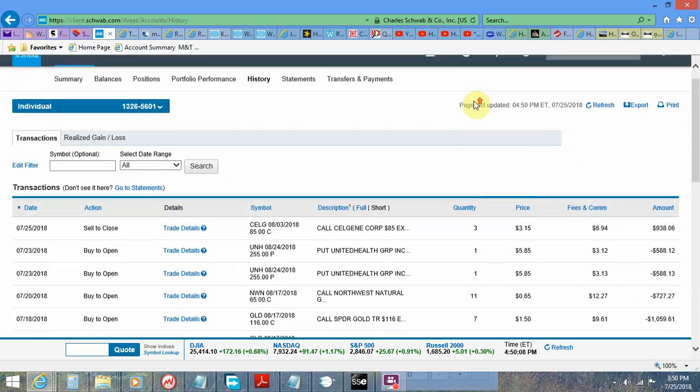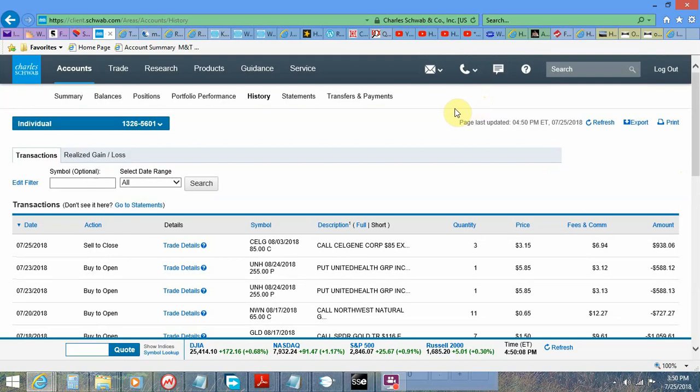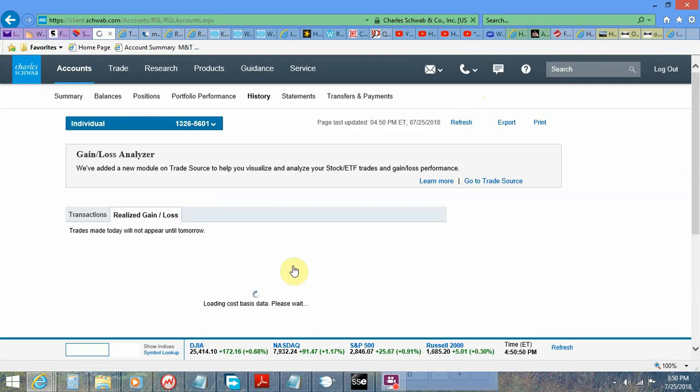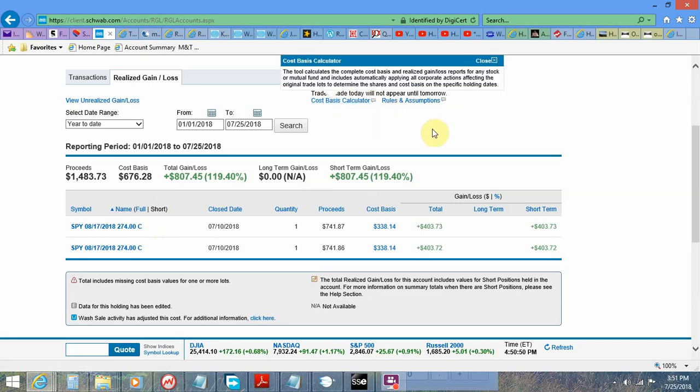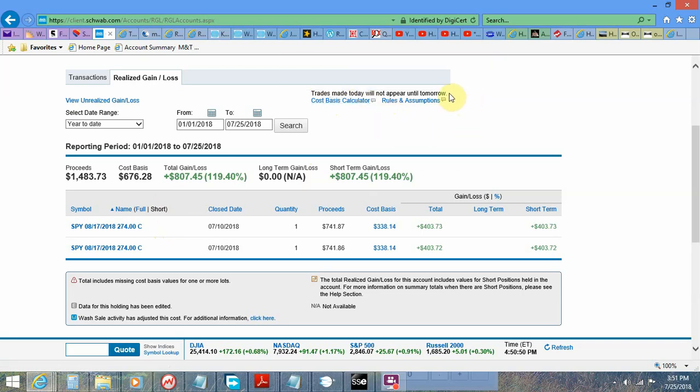What you can also do is look up your realized gain or loss, and that will show you the stocks that have closed. This screen does not show any trades of today. You won't see that CELG trade until tomorrow.